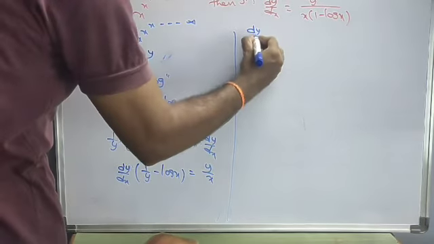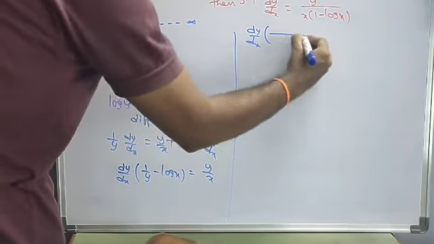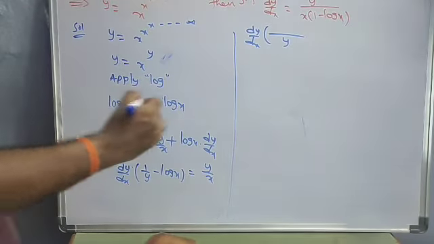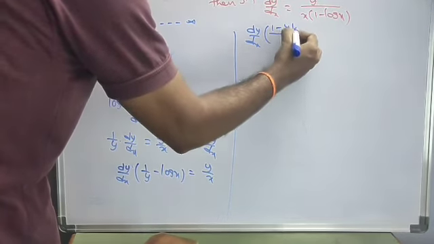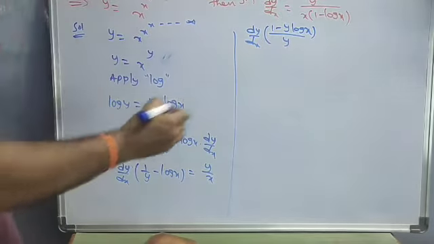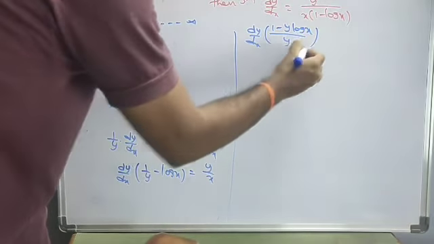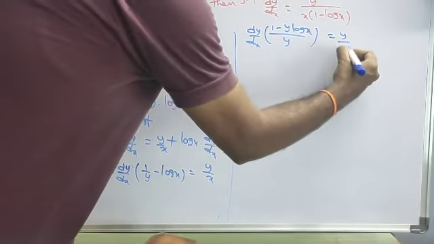So dy by dx, here I am taking y as common, 1 minus y log x, equal to y by x.